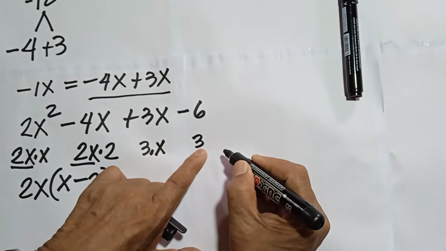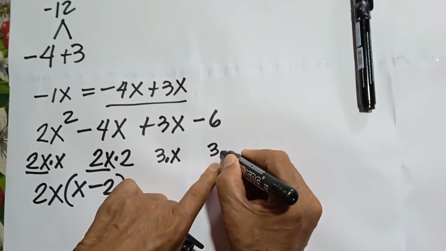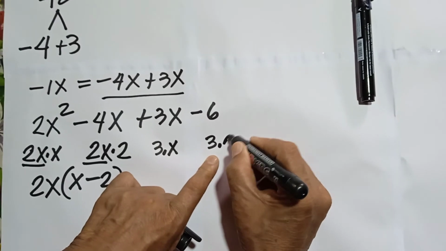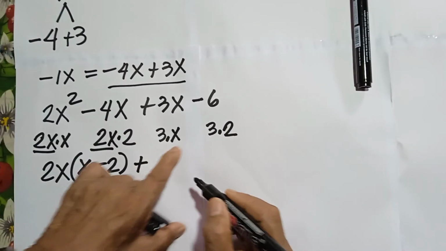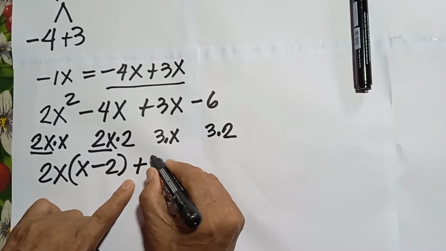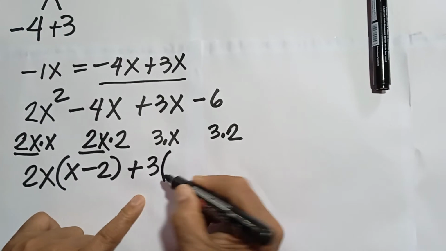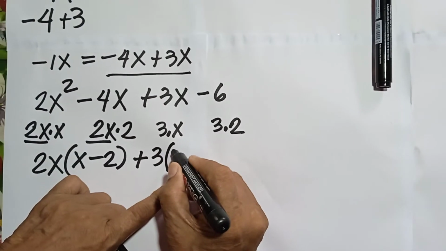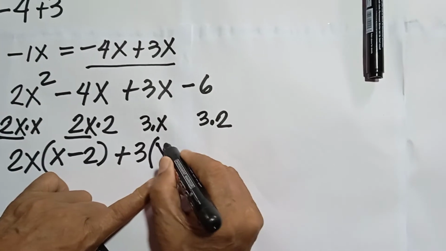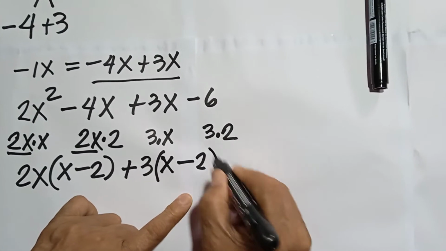And what will we multiply to 3 to get 6? We multiply it with 2. So after that, we write 3, the common factor, outside the parentheses, and write down what remains inside the parentheses, x minus 2.